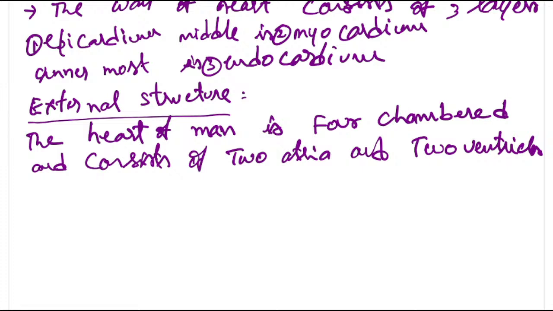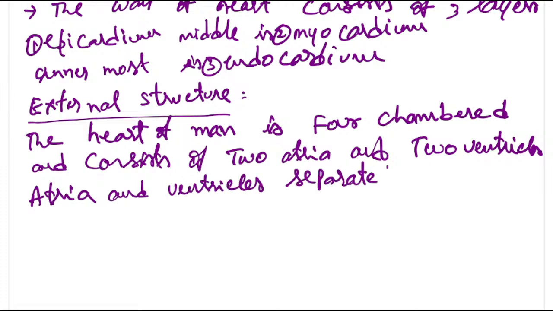Atria and ventricles are separated by a deep groove called the coronary sulcus.